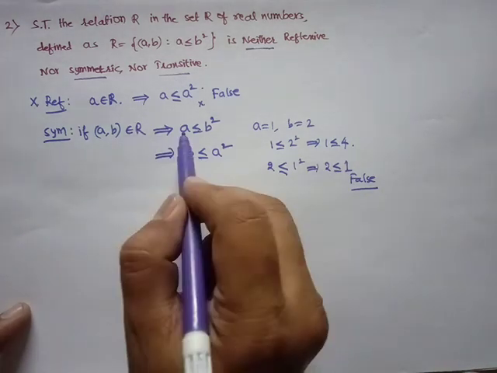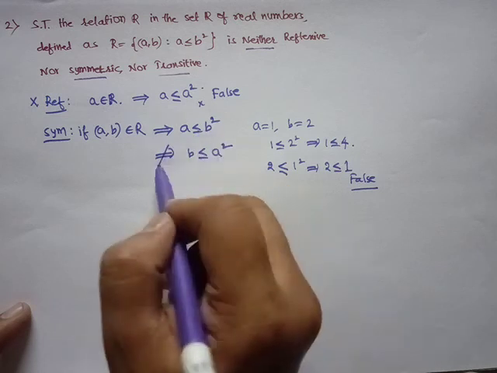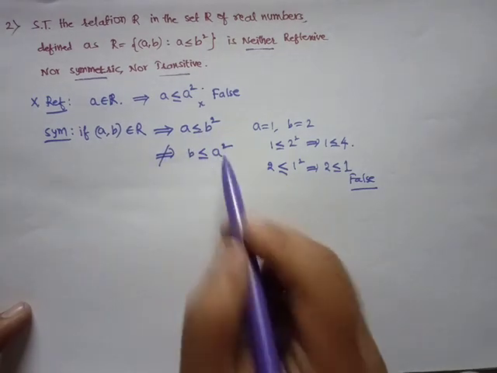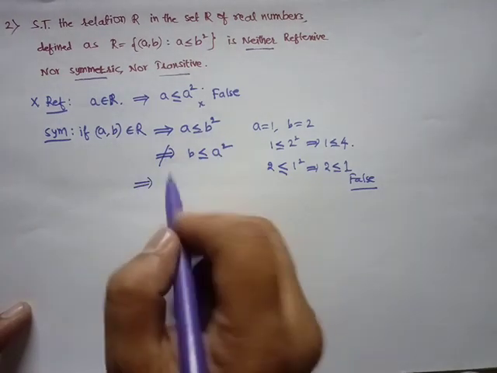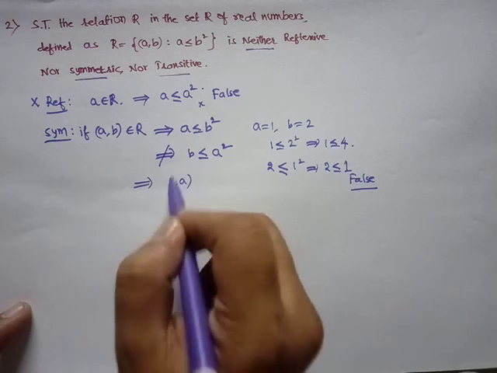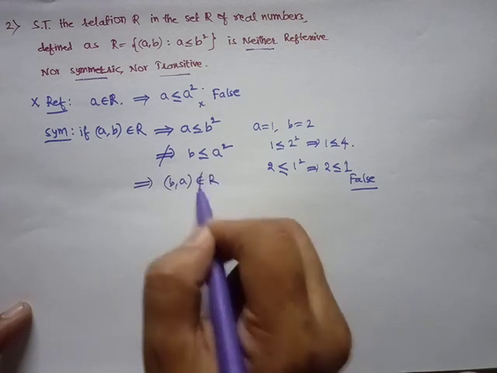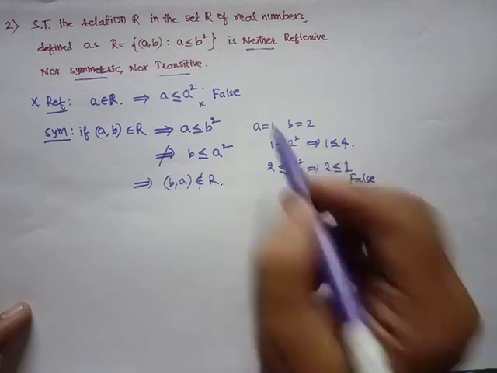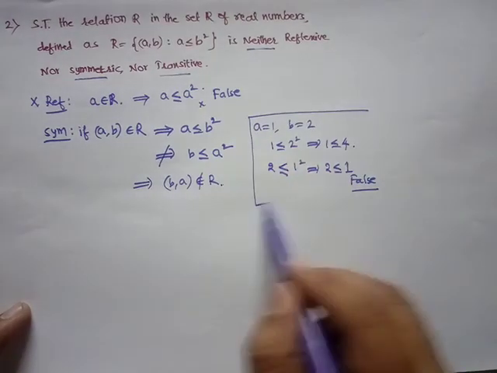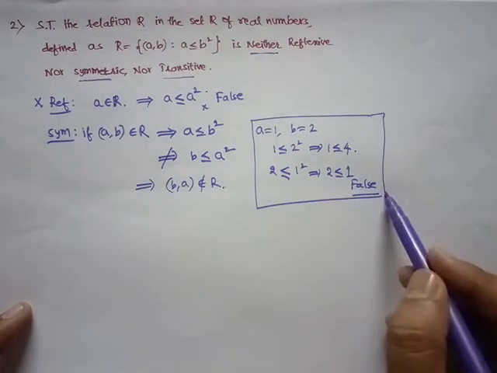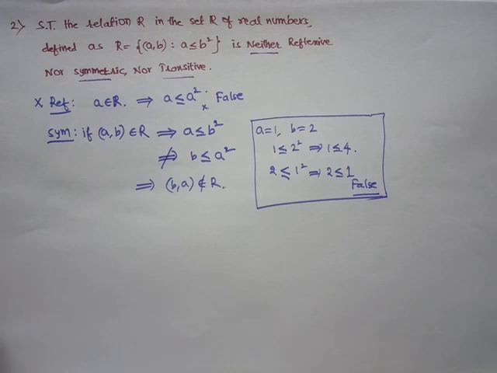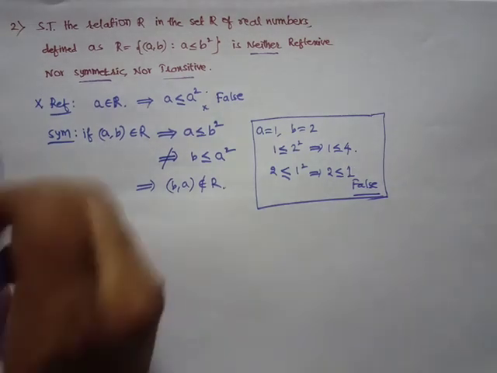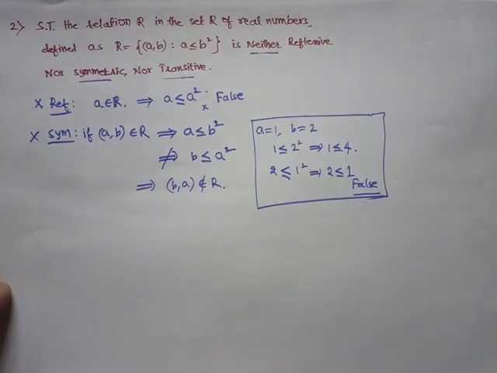By considering a less than or equal to b square, we cannot say b less than or equal to a square. So this implies b comma a does not belong to R. It cannot be said. Now we can consider this as a counterexample to show it is not the symmetric case. So it is not symmetric also.